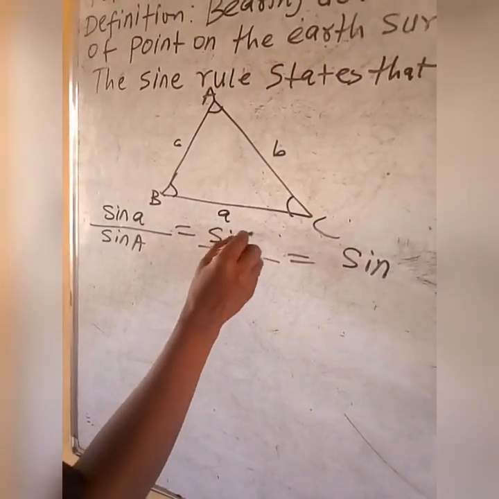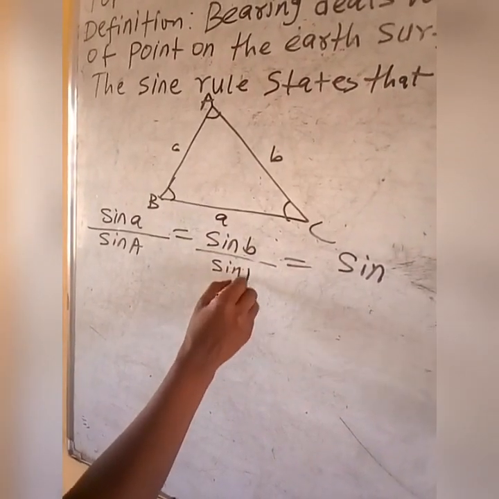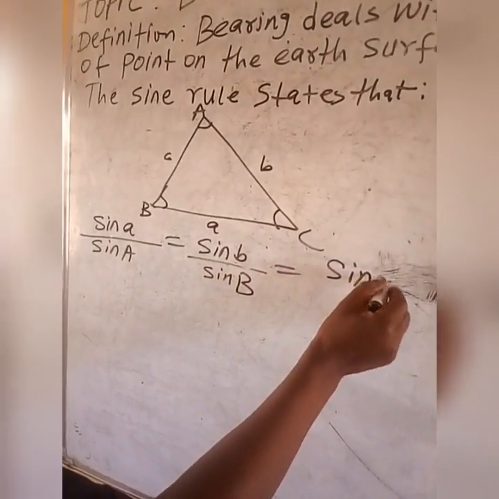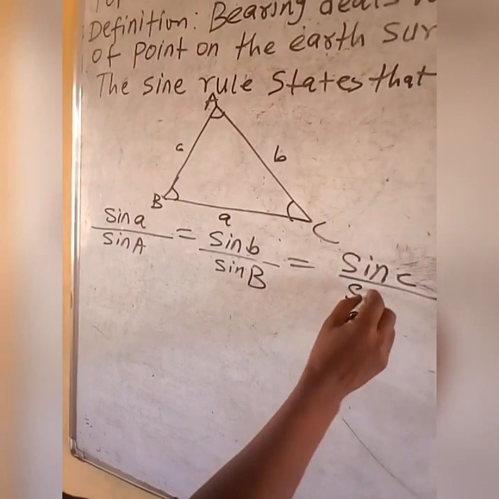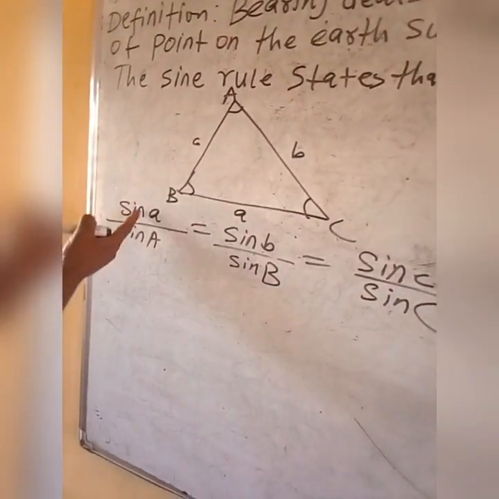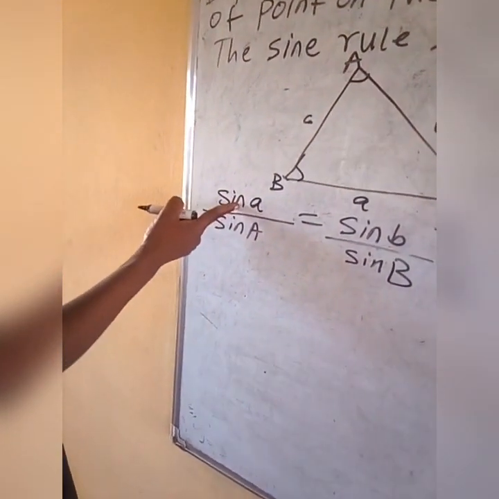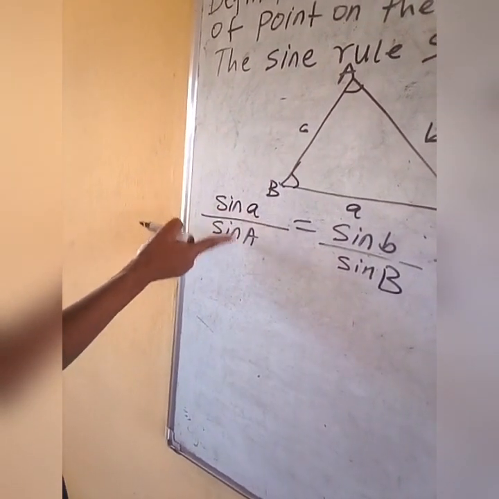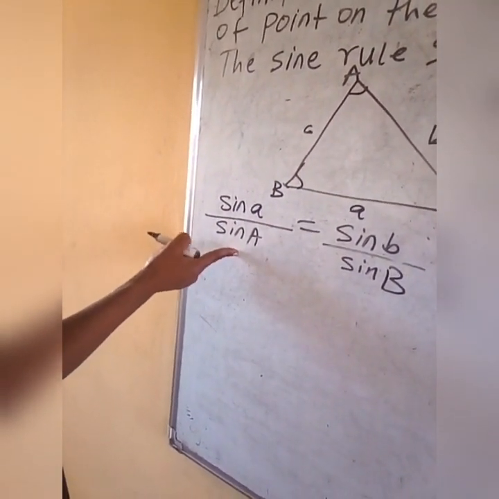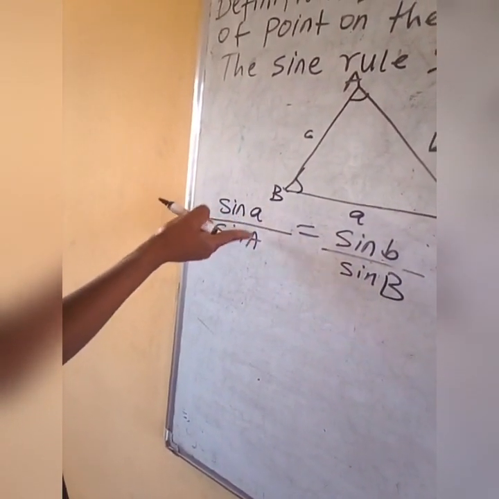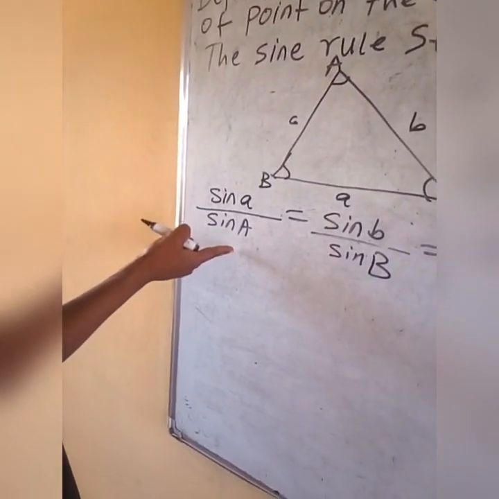Sorry, this is small b, this is big B, this is small c, this is sine big C. If the numerator is a big angle, the denominator will be small, and if the numerator is a small angle, the denominator will be big. You have to be consistent.